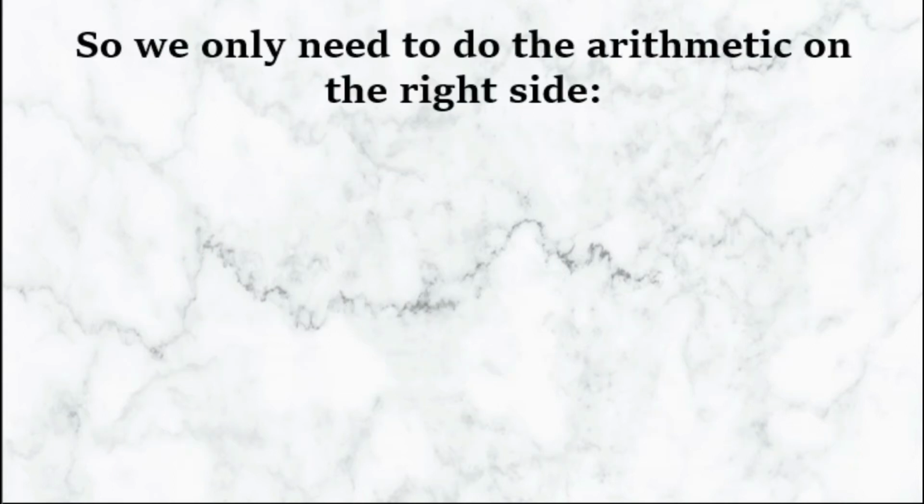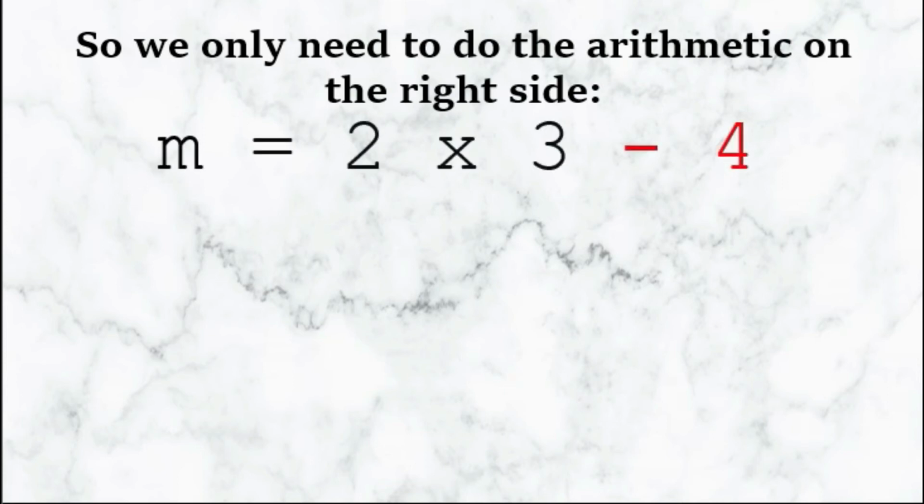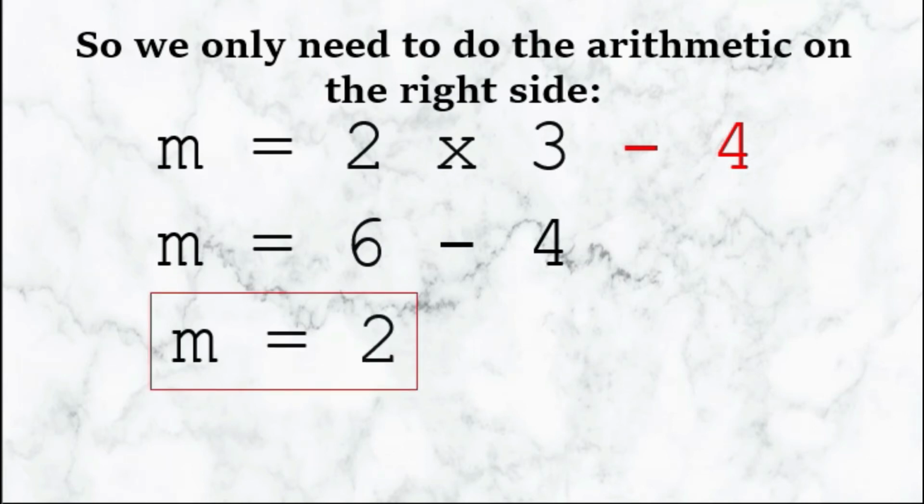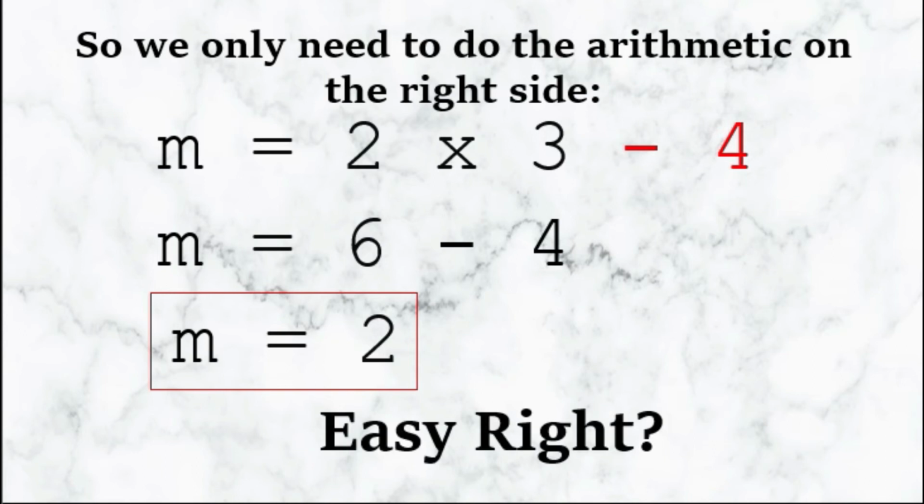Okay, remember the video about PEMDAS or order of operations? We will apply it here. 2 times 3 is equal to 6. So, yung matitira na lang sa kanya ay yung 6 minus 4. So, 6 minus 4 is equal to 2. So, m is equal to 2. Okay. Easy, right?